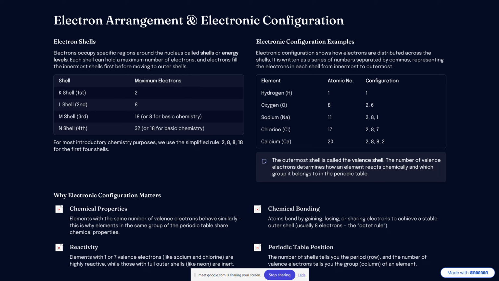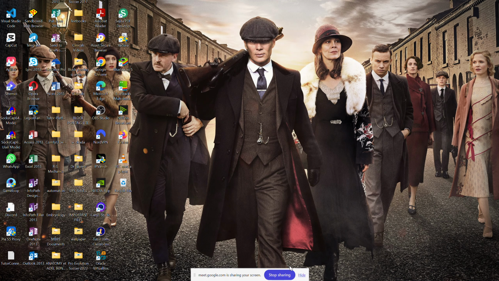But how do we write out the electron configuration? First thing first, you need to understand what kinds of electronic shells we have.